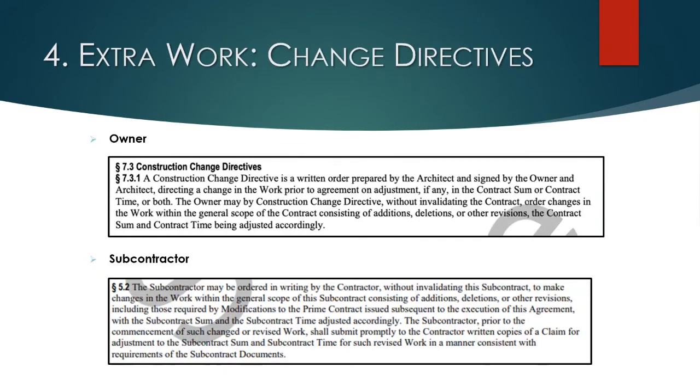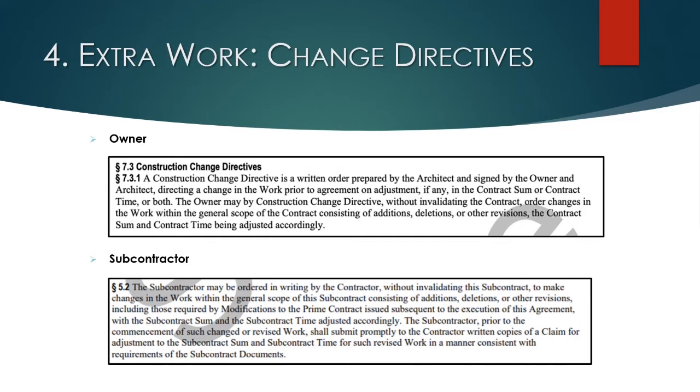These are some examples from the AIA contract documents of what a change directive is. From the owner and prime contractor side, it's a written order prepared by the architect and signed by the owner directing a change in the work. Once that's signed, the general contractor is going to perform that work without invalidating the contract.